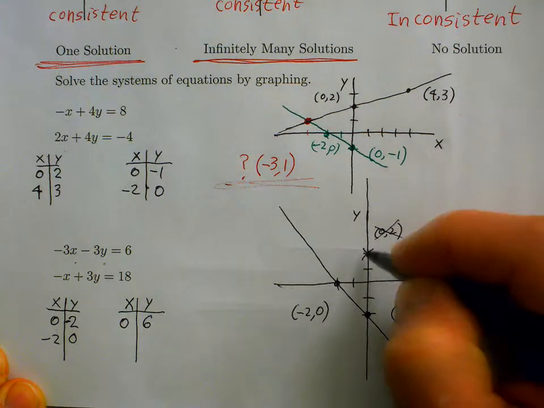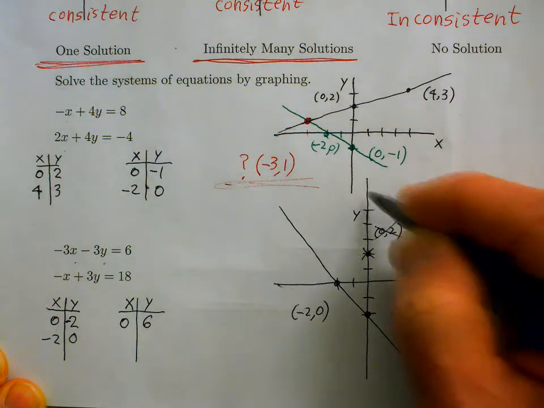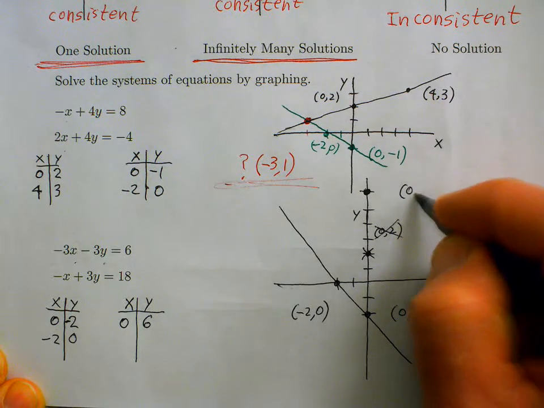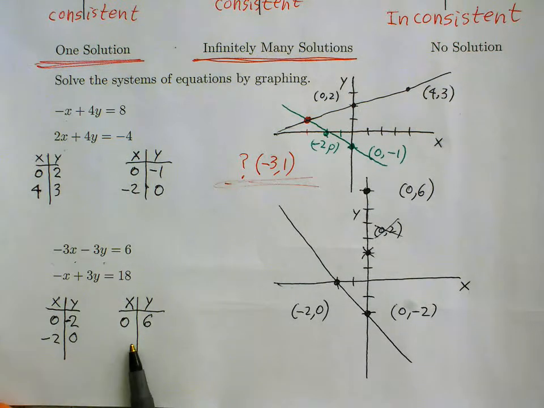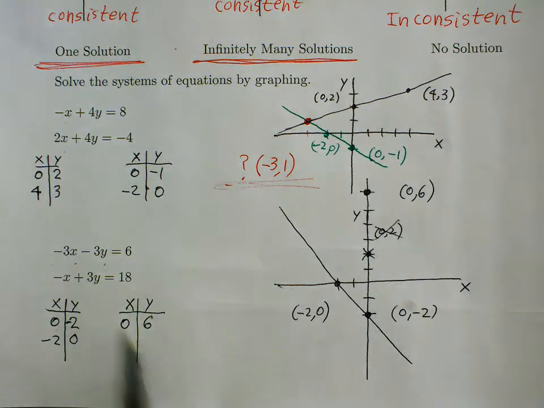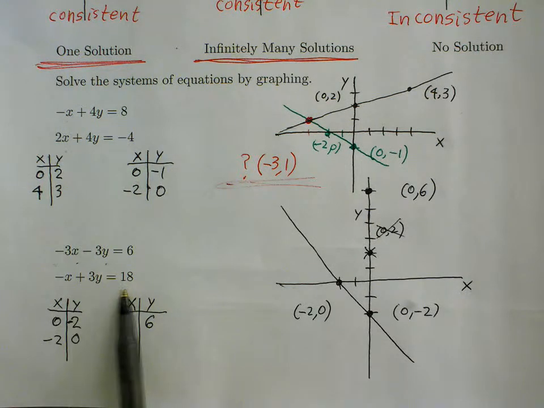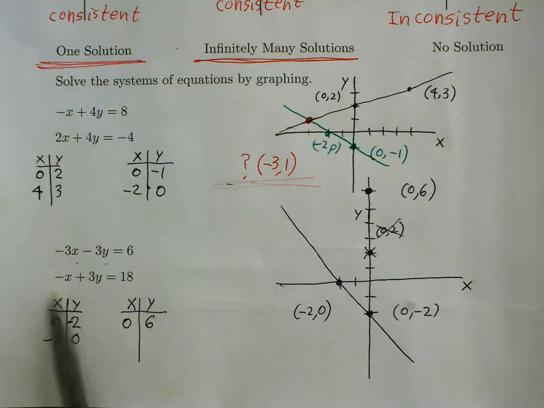So we're getting a point that's almost off the grid. But we'll go ahead and go with it. 0, 6. And then I don't want to pick y to be 0 because then I get -x equals 18. And so x is -18. That's clear over here somewhere. So let's pick a different number.